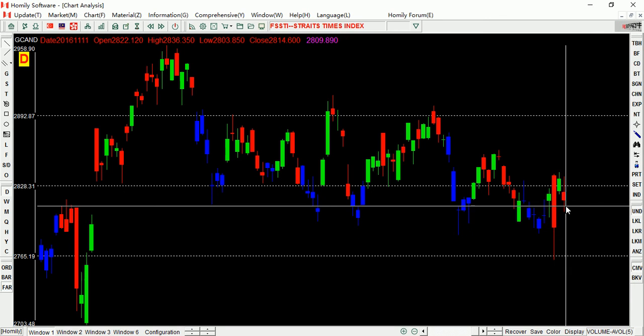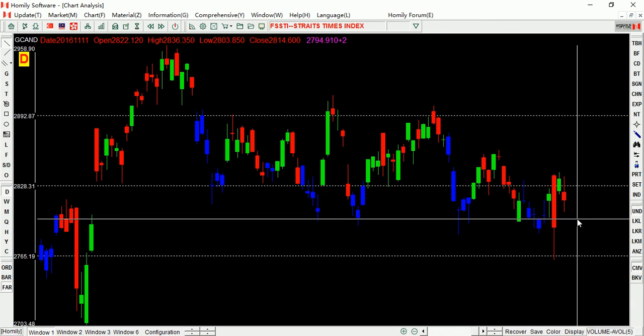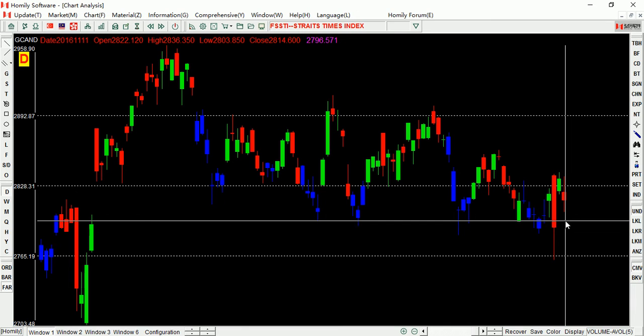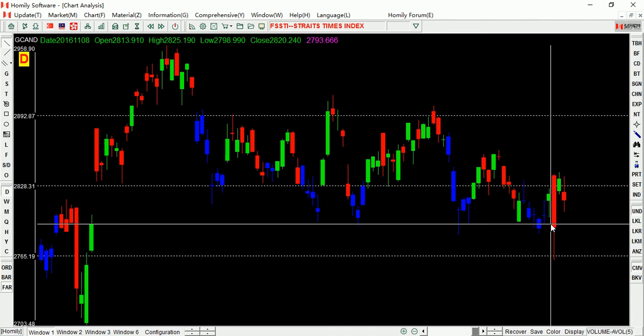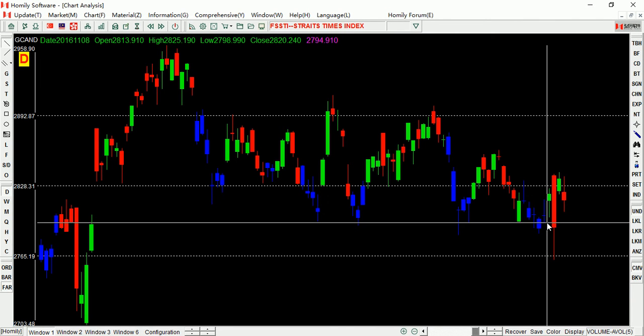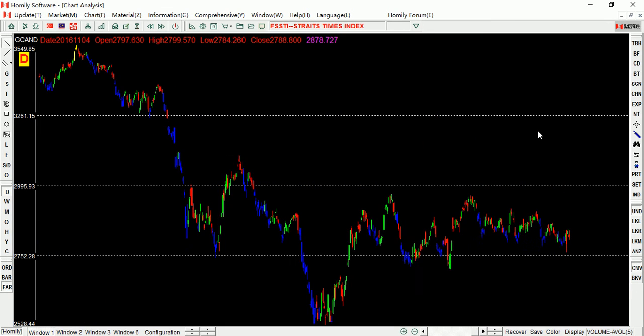If the close price is below the low price of the last blue candlestick, you should stop loss. Okay, so this is for the market.